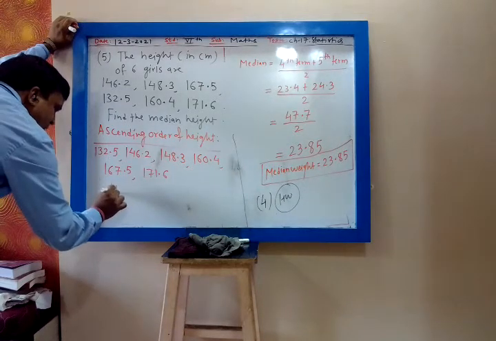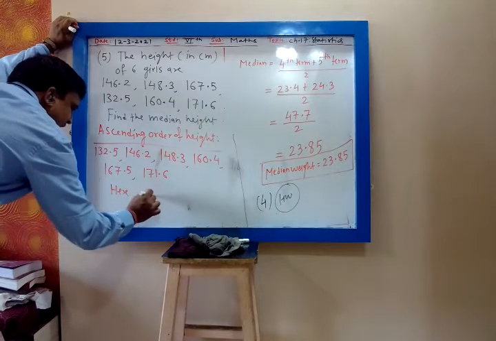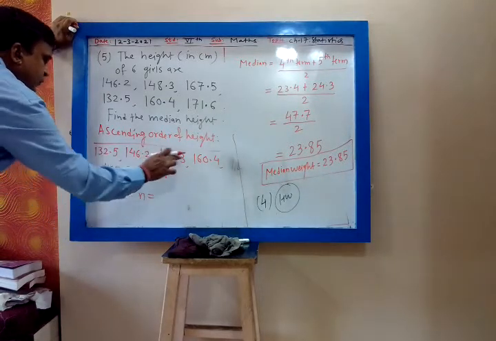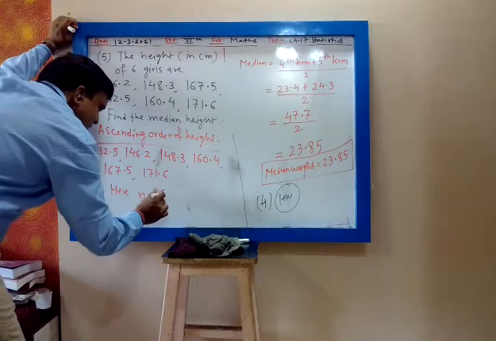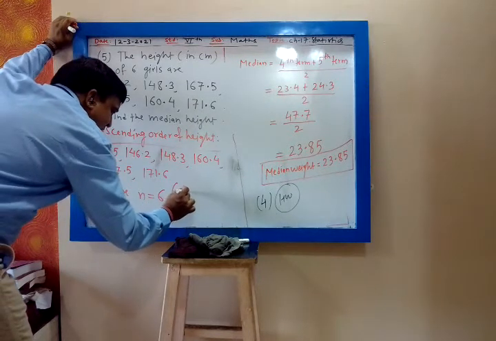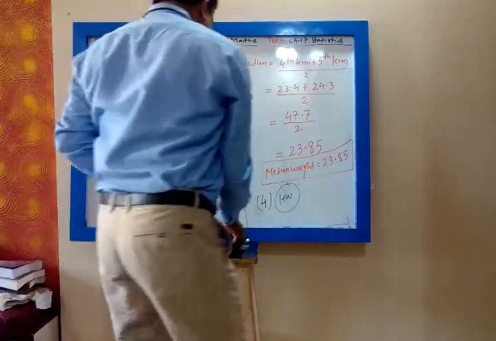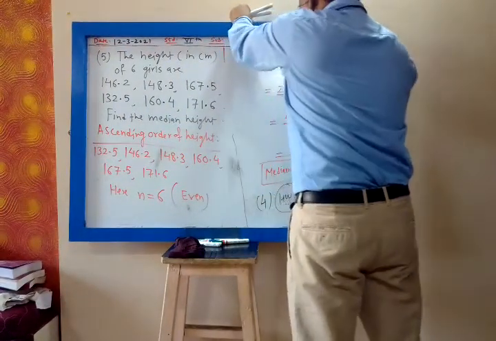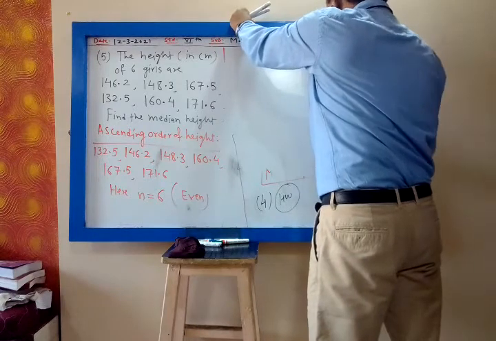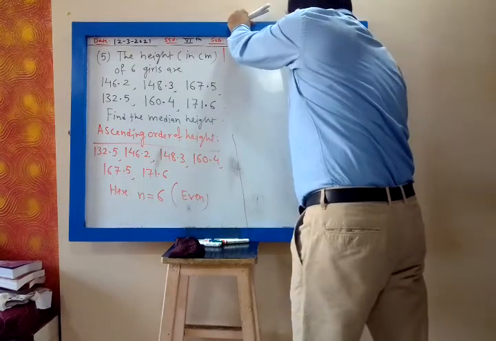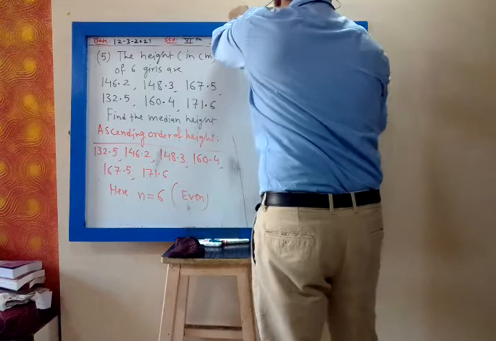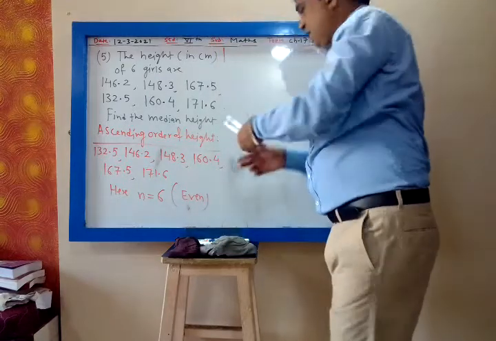Now here we find what is n. How many values are given? n is 1, 2, 3, 4, 5, 6. 6 is even number, so formula will change. So median will be the n by 2 term plus n by 2 plus 1 th term, divided by 2.